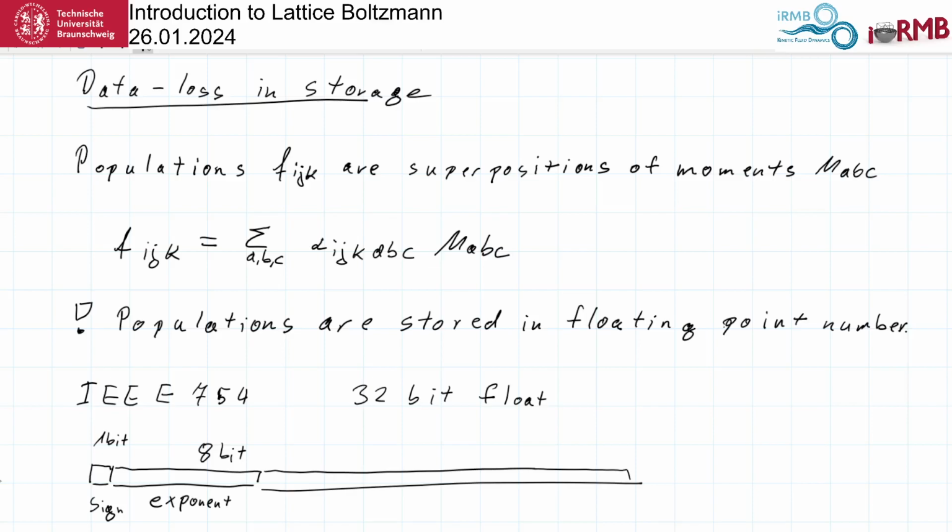Because it's a floating point number, it can have different exponents, in order to move the point, the floating point. And then it has the so-called fraction. I think it's also called mantissa, but this is the fraction.